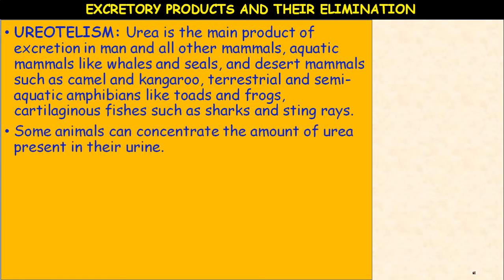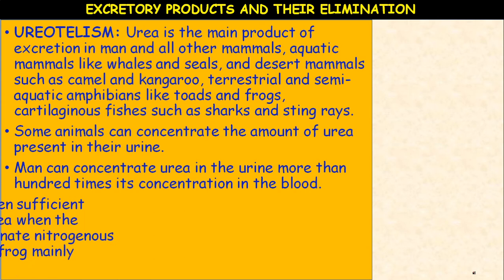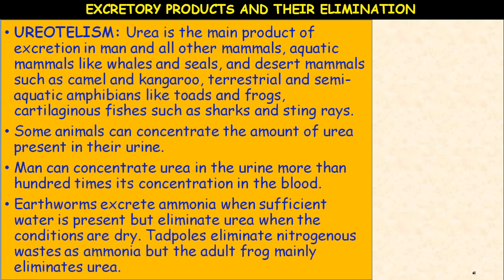Some animals can concentrate the amount of urea present in their urine. Man can concentrate urea in the urine more than 100 times its concentration in the blood. Earthworms excrete ammonia when sufficient water is present, but eliminate urea when the conditions are dry. So, interesting thing, earthworms, annelids, are ammonotelic when the conditions are favorable, wet soil conditions.